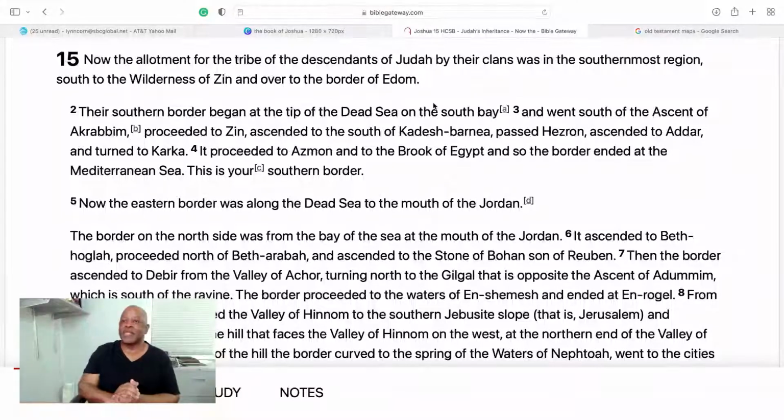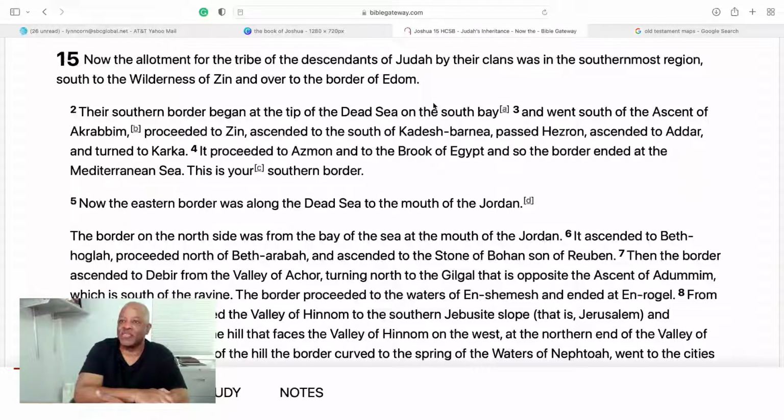I'm also apologizing for butchering some of the Hebrew names. If you've got a good audio Bible, these guys and girls studied the proper pronunciation of the names. Verse 1 says, "Now the allotment for the tribe of the descendants of Judah by their clans was from the southernmost region, south to the wilderness of Zin, over to the border of Edom."